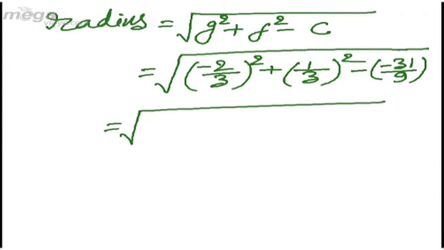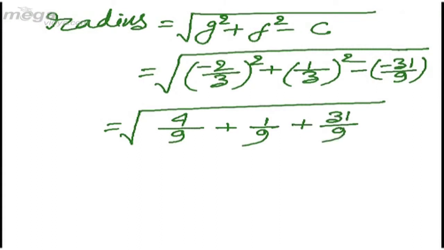Now what does it become? See, 2 square is 4, by 3 square is 9, plus it becomes 1 upon 9, and here minus minus plus 31 upon 9.